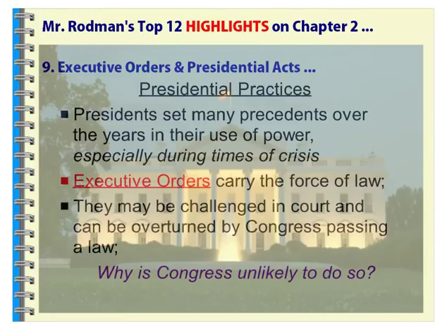Now, presidential acts and orders, I kind of mentioned it earlier because the idea is that the check on this is that the judicial branch can declare these acts or orders unconstitutional, but they do carry the full force of law. It's just like a law that was passed by Congress, signed by the president, and they do tend to set some precedent, presidents setting precedents.